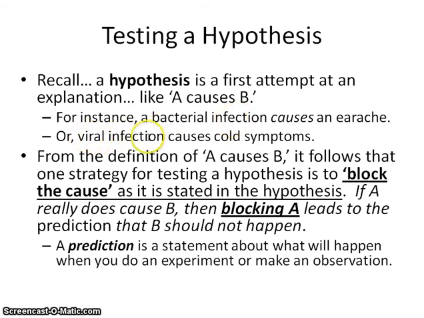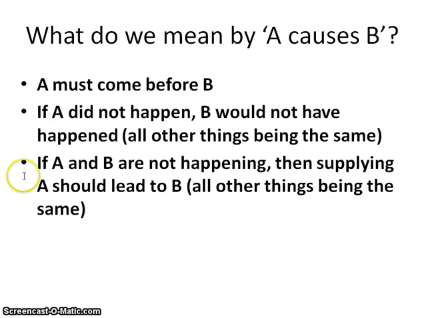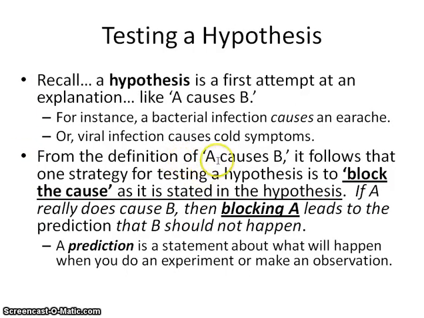Here's another example. Viral infection causes cold symptoms. We just saw that. But now here's the key. From the definition of A causes B, remember our three points, it follows that one strategy for testing a hypothesis is to block the cause, as it is stated in the hypothesis.